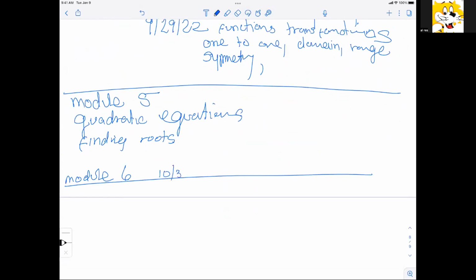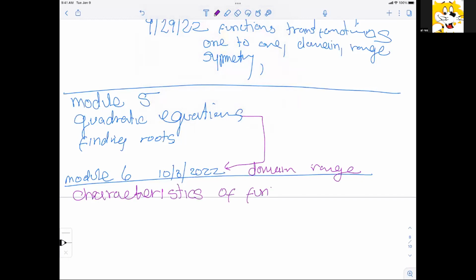On 10.3, we had a video. And I spoke about quadratic equations on 10.3. I did domain. And I did range. I did characteristics of functions on the video.